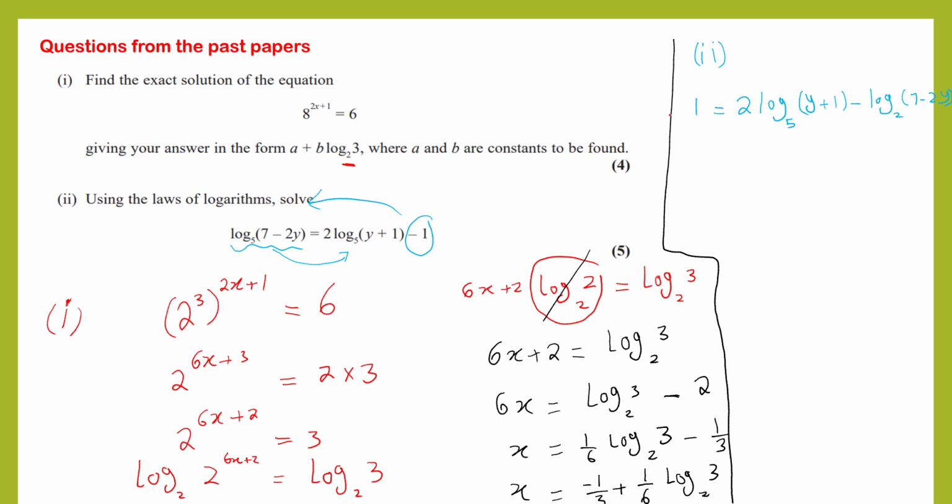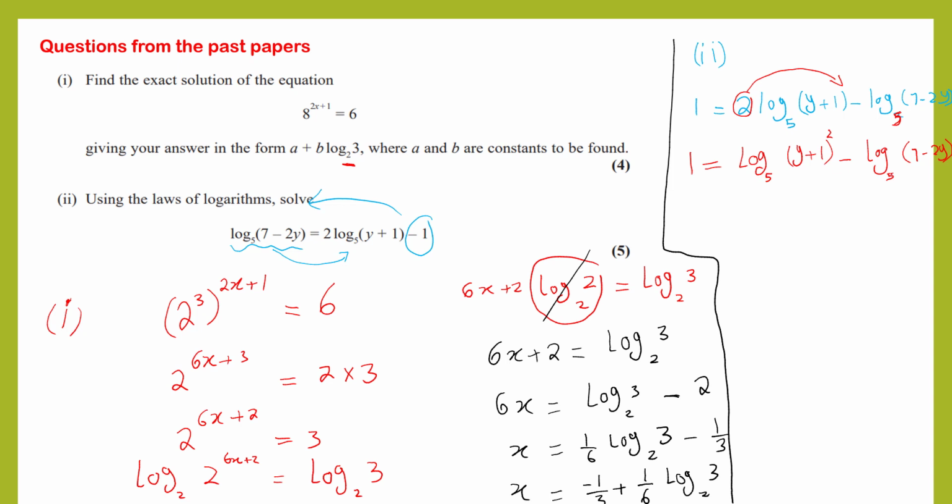Now what you will do is a kind of flashback. So this 2 will be returned as a power again. So 1 equals log y plus 1 all squared to the base 5 minus log 7 minus 2y to the base 5.